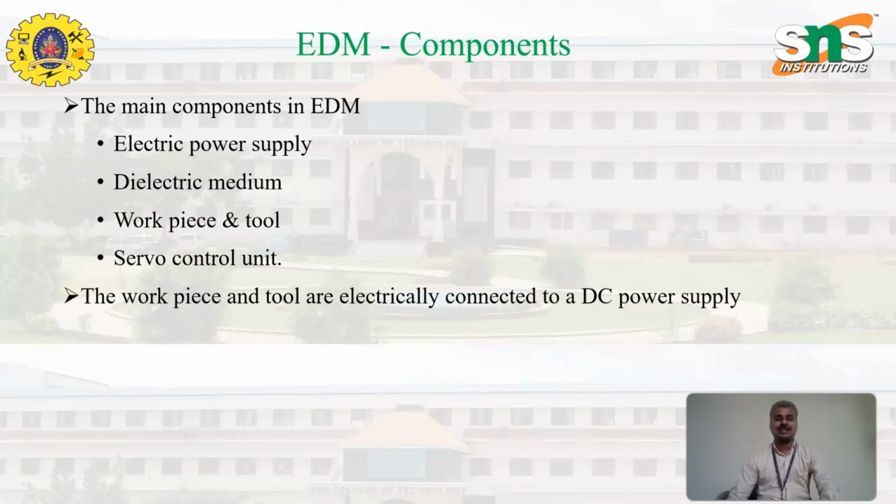Next is the dielectric medium. Next is the workpiece and the tool, which removes particular parts from the main object. Then the servo controlled unit. The workpiece and the tool are electrically connected to the DC power supply. These components are very important in the EDM machine.